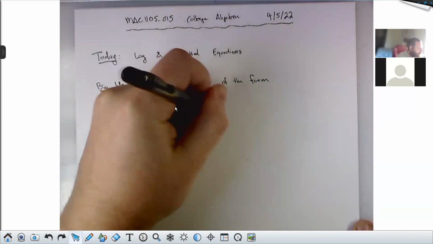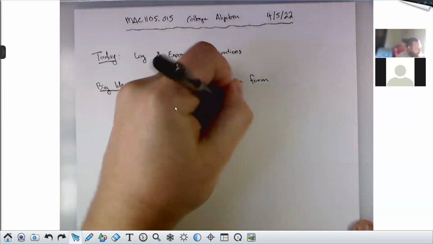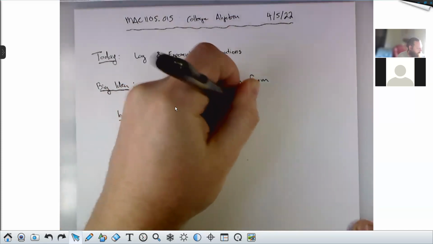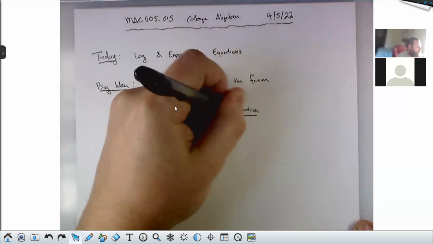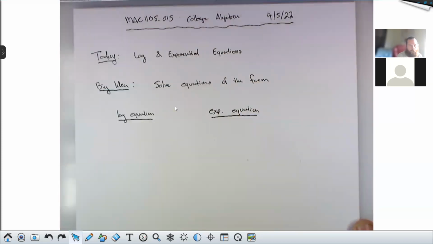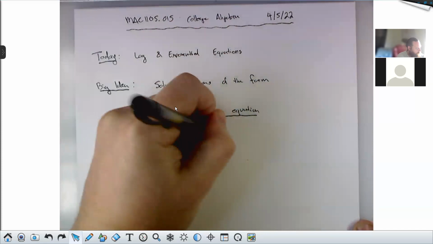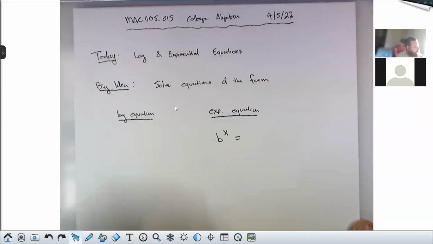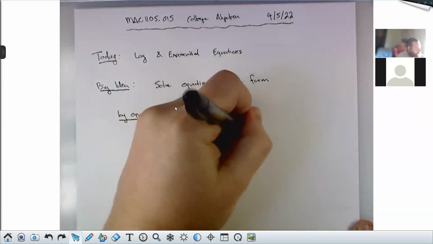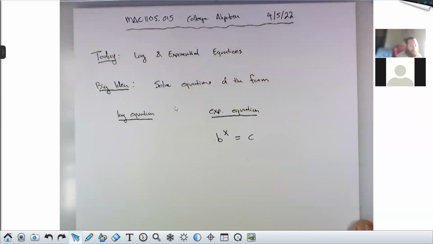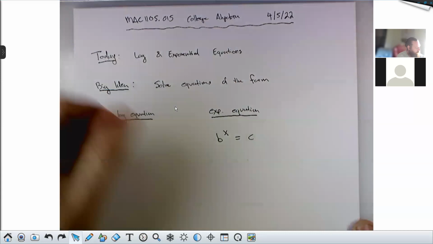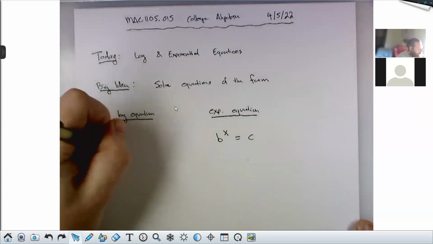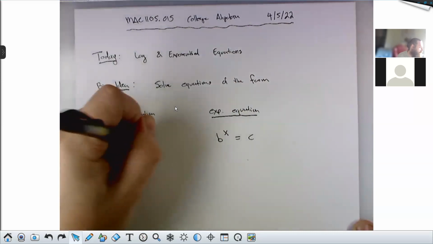I'm going to abbreviate exponential as exp. An exponential equation is one like b to the x equals something, let's say c. And a log or logarithmic equation is something like log base b of x equals c.